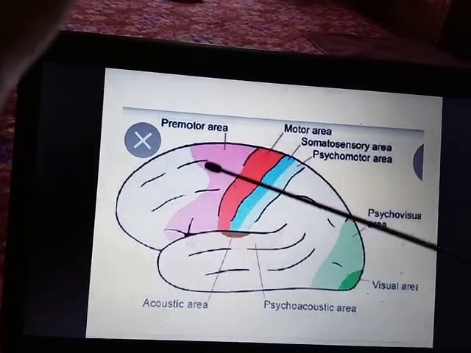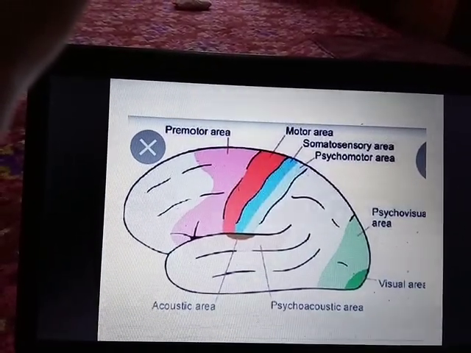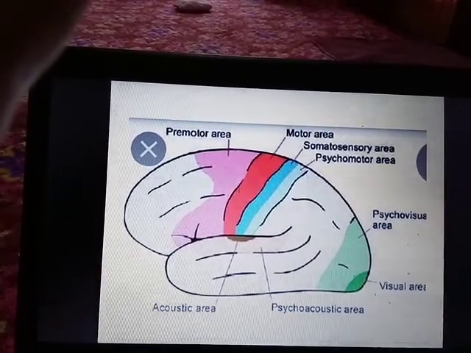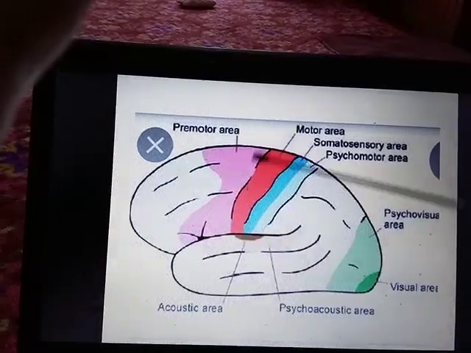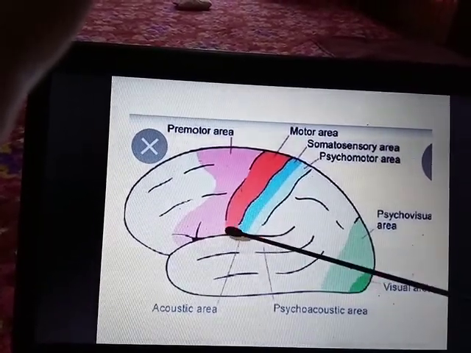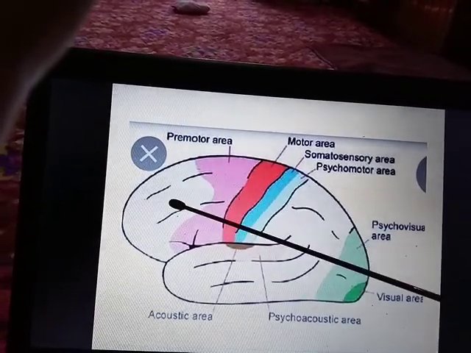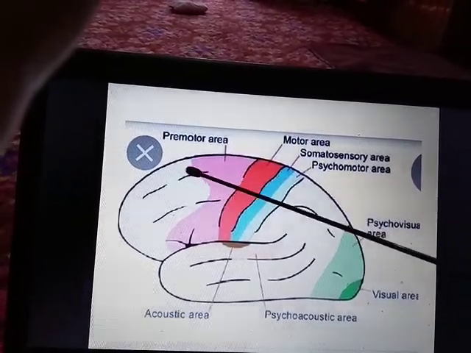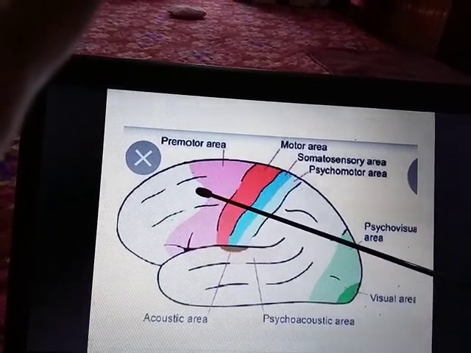Areas 6 and 8 are concerned with the intricacy of the movements. Then this is the middle frontal gyrus, the frontal eye field. It helps in the movement of the eyes in two different directions.